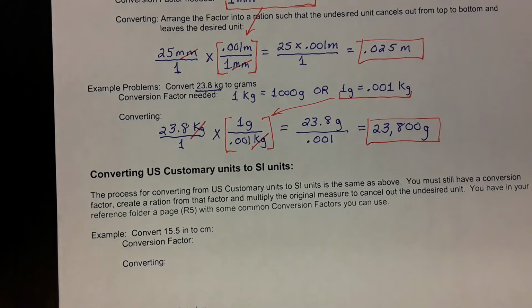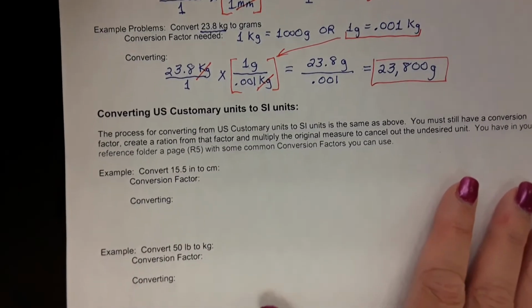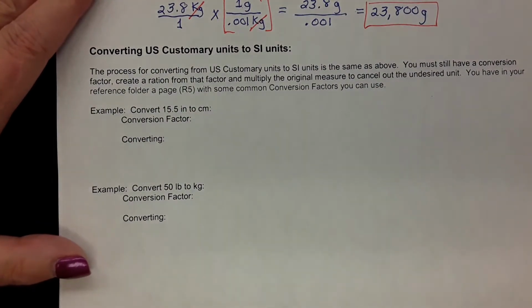Now that's from SI to prefix back to the base unit. But what if your measurement is U.S. customary? Okay? What if you want to convert U.S. customary to SI? Well, you still have to have a conversion factor. Okay?